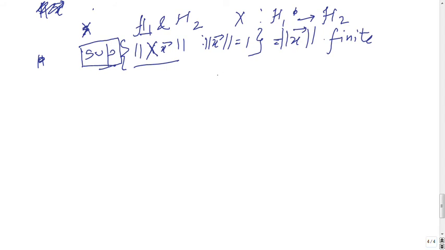This is how we say an operator is bounded mathematically.